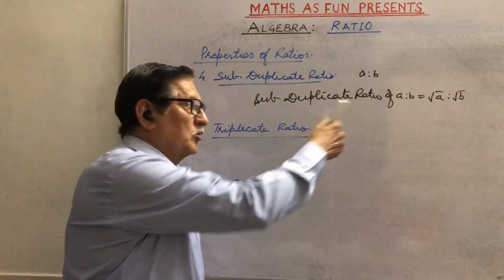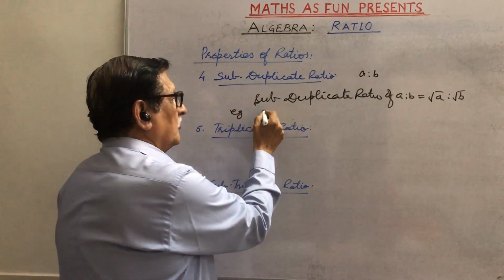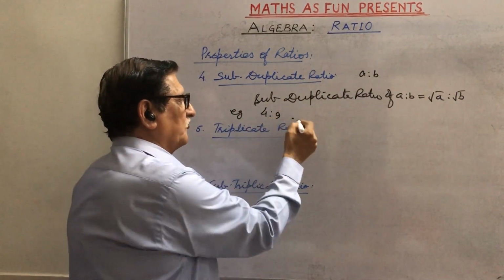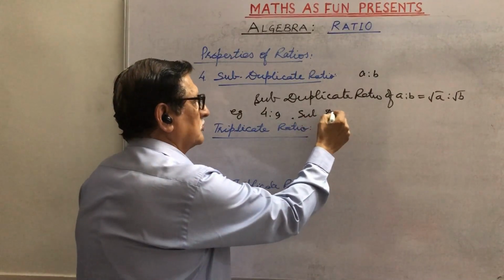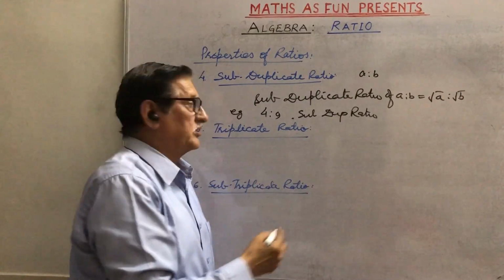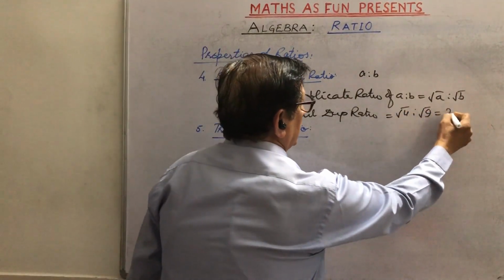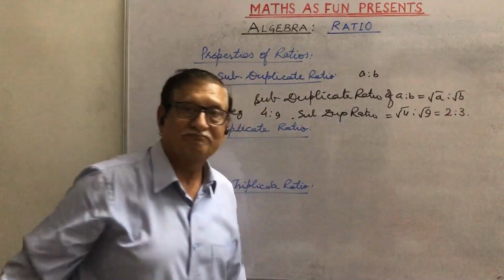Here it is square root of both. For example, suppose we have 4 is to 9 and we want to find out the subduplicate ratio. That will be equal to root of 4 is to root of 9, that is 2 is to 3.